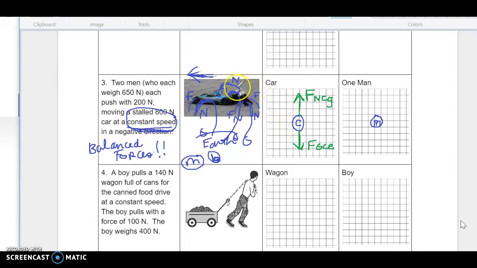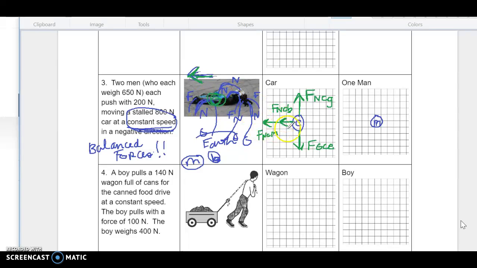Now the men are pushing the car, and the car feels pushed to our left. There are 2 of them pushing, so I'm going to have 2 separate forces: FN car man, and FN car boy, because there are 2 men each pushing.